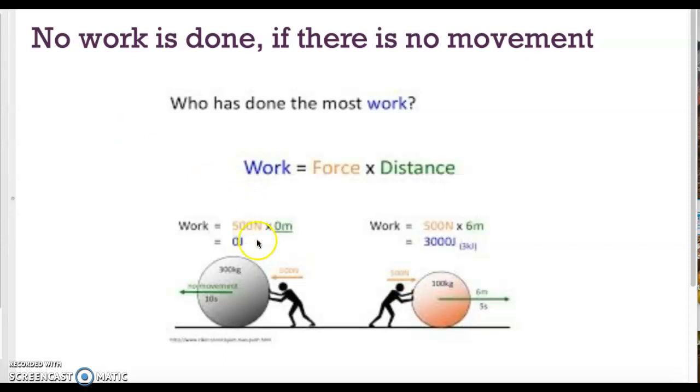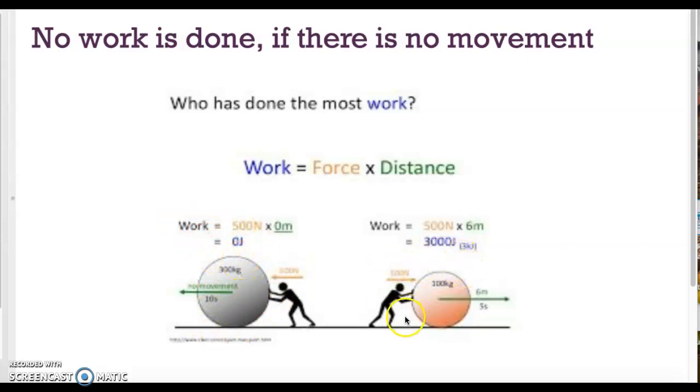Right? If you look at this picture, you have this person pushing on this 300 kilogram ball, and he's pushing on it with a certain amount of force, but it's not going anywhere. There's no distance, so the work is 0.